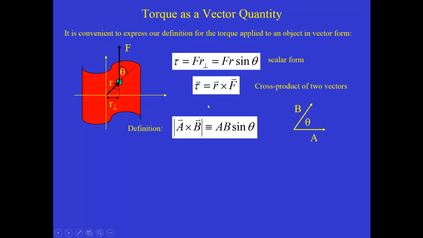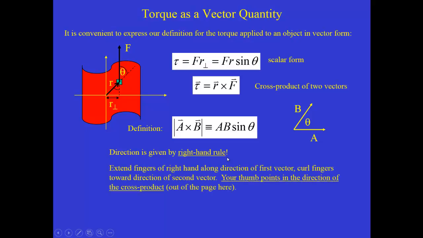Okay, but a cross product of two vectors, and this is how it differs from a dot product, is itself also a vector. And so this definition gives us the magnitude, but the direction of the torque vector is given by the right-hand rule.